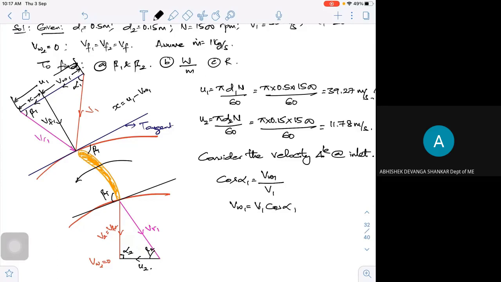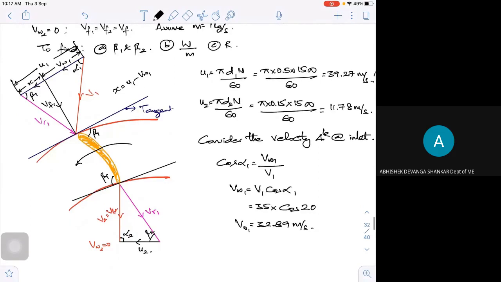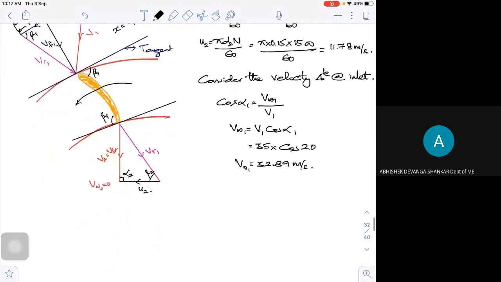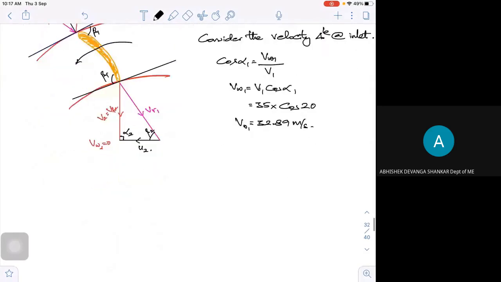They have given V1 as 35, and alpha is 20. So 35 into cos 20, I am getting around 32.89 meters per second. That is my VW1. Similarly, from the same inlet velocity triangle, what is my sine alpha 1?